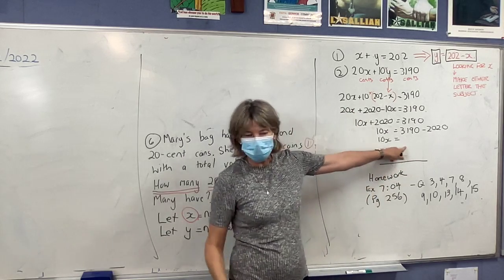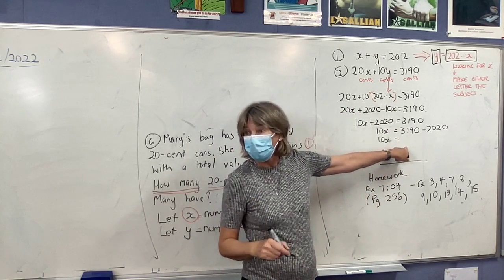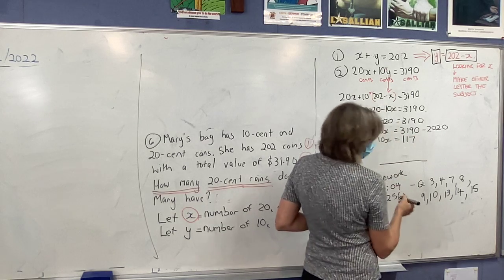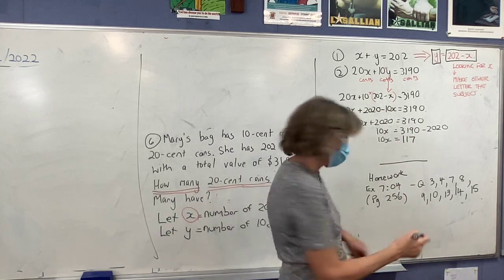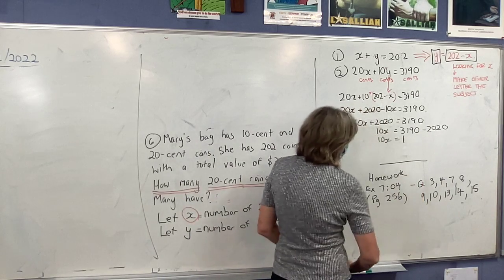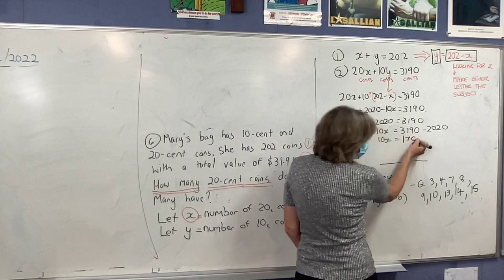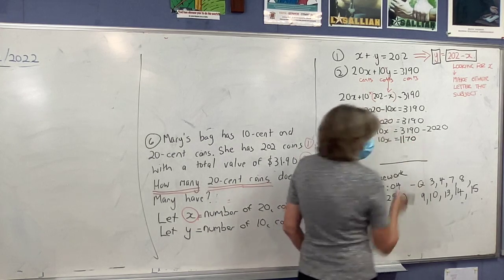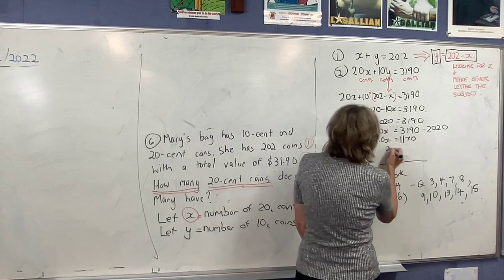What did that equal, boys? Got that one? 117. Is that right? 170. I was going to say that's not going to work out very good. I'll talk to you about that in a minute. 170? Is that right? 1170. Is that right? Yeah. Okay, keep going.